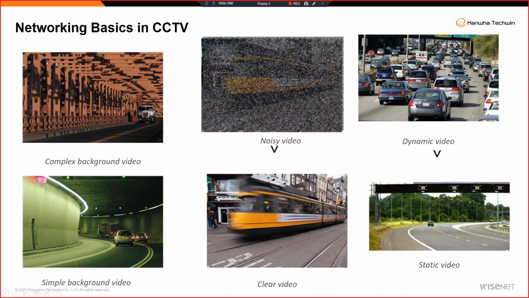Then dynamic video, static video. Again, the same thing. If the scene has a lot of details, like metro stations, public city surveillance, where different types of cars keep on coming, that will have more bandwidth. So when you're doing a design for a hotel, and when you're doing a design for another type of project, like a metro or an airport, you have to keep this risk factor in mind, that it's not the same level of storage that you'll end up with.